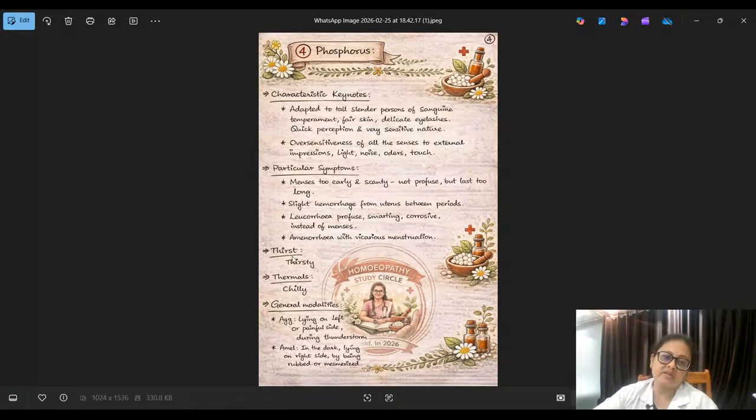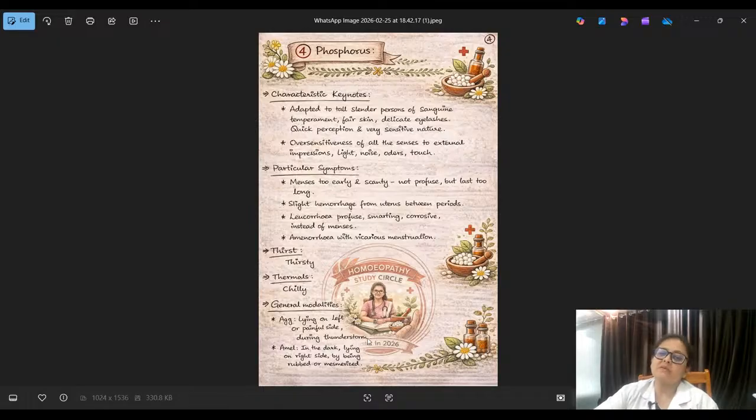Of course, the phosphorus patient is very thirsty for cold water. Even though the patient is chilly, she is very thirsty for cold water, and as soon as the water touches the stomach and becomes a bit warm, she feels like vomiting or feels pain. That is phosphorus. Next, thermals: chilly. Aggravation lying on the painful side or left side, and during thunderstorm.